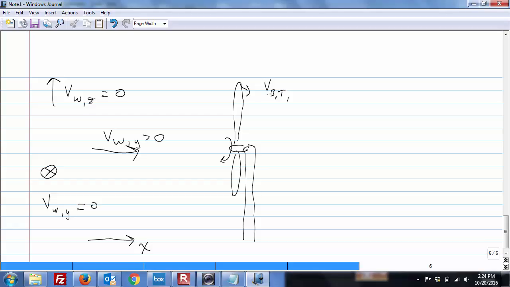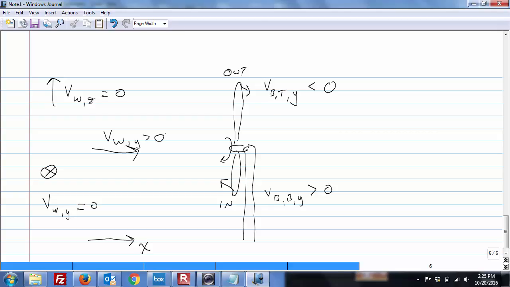So the velocity of the blade of the turbine in the y direction is less than 0 because it's coming out of the page. Since the top is coming out, the bottom is going in. The velocity of the blade at the bottom in the y direction is greater than 0 because it's going into the page.